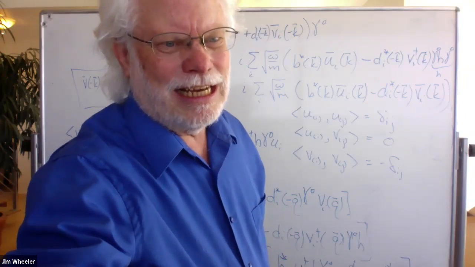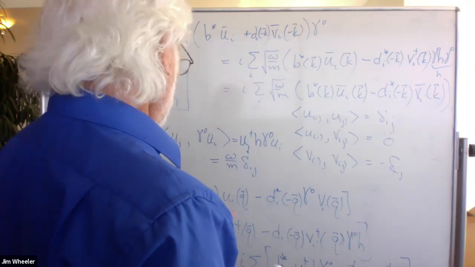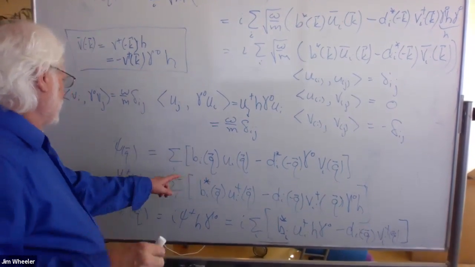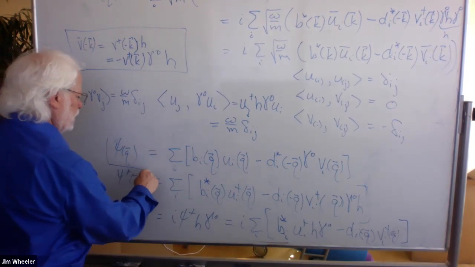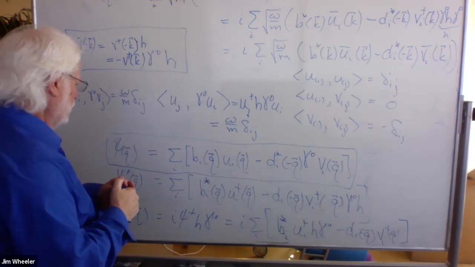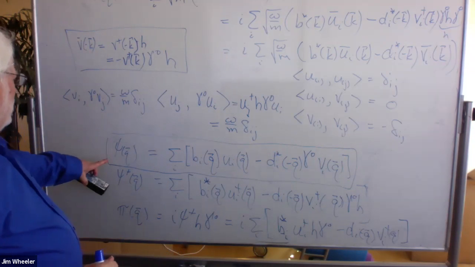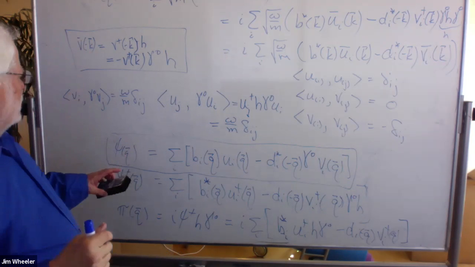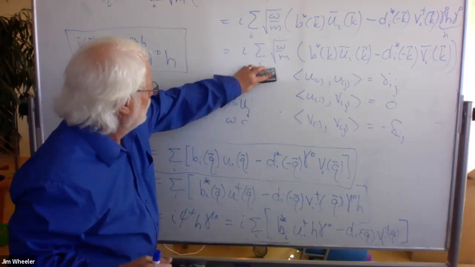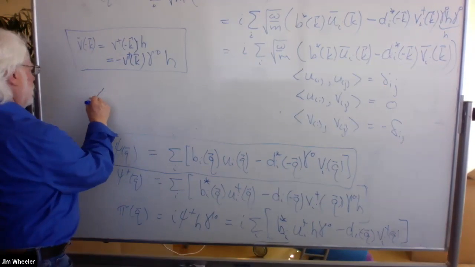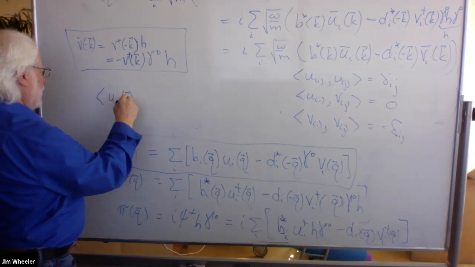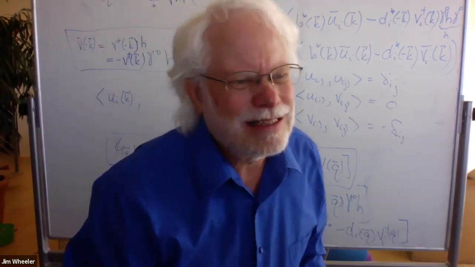D of minus K and V. So if I take the inner product of this one with a gamma 0 and a U. So the inner product I want to take is U i of K with, I think it's gamma 0 psi.